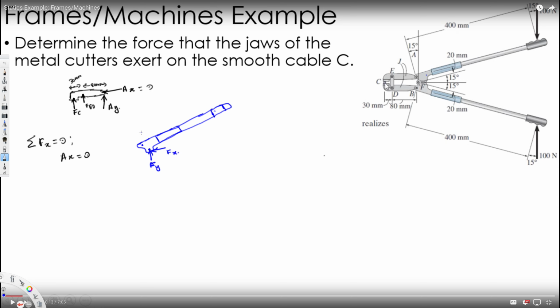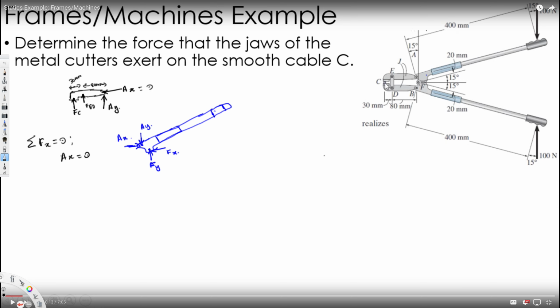In this case, we have to make sure that the direction we put here is opposite to this one because of Newton's third law. Every action has an opposite and equal reaction, right? Since this AY is acting upward, I have to put it downward here. AY and AX are acting this side, so I have to put the other side. That's how we put the direction.